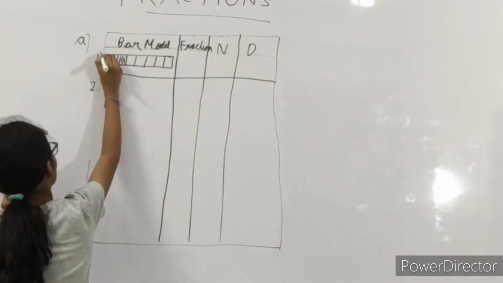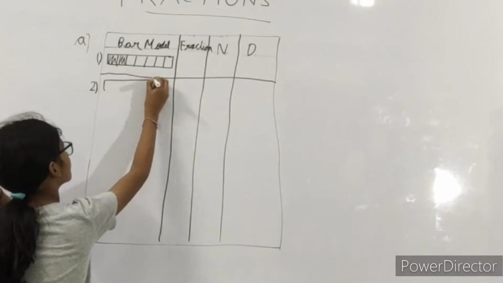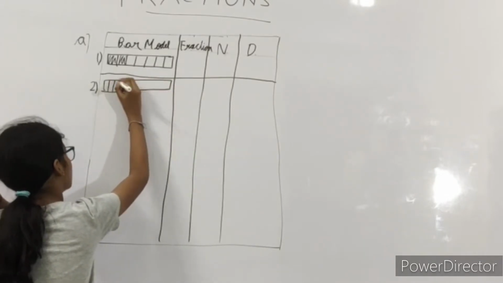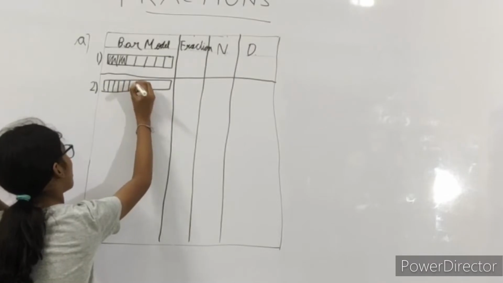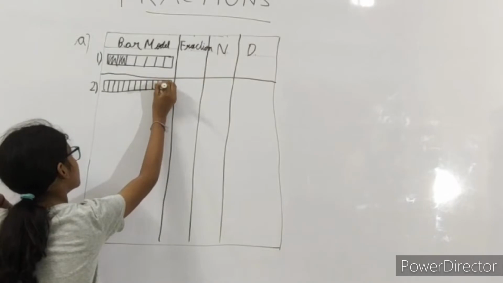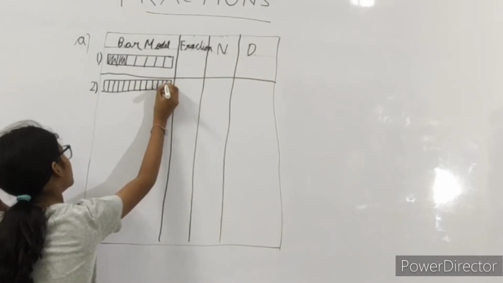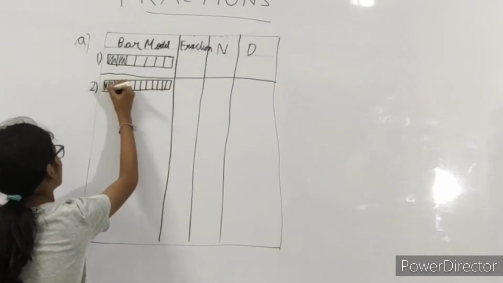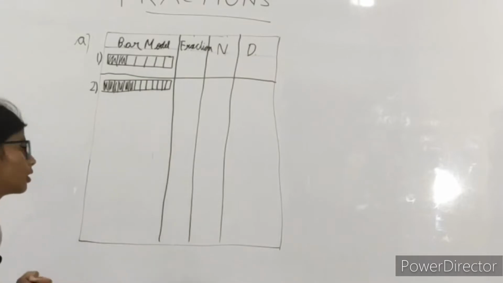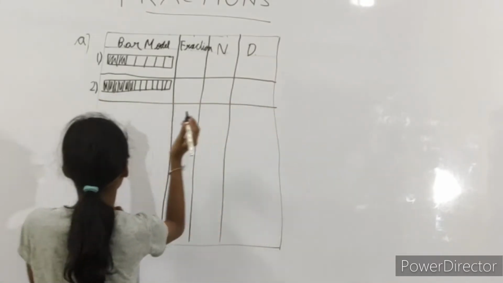Number 2, I'll make like this. 1, 2, 3, 4, 5, 6, 7, 8, 9, 10, 11, 12, 13. Okay, 1, 2, 3, 4, 5, 6. 6 are shaded. Okay. Fine.